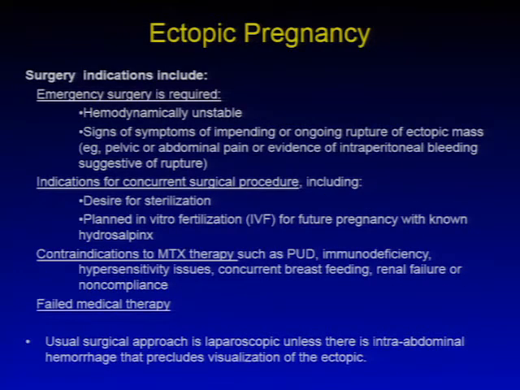Surgery indications include if the mother is hemodynamically unstable because of an ectopic rupture, if she has a desire for concurrent sterilization, or has a contraindication to methotrexate therapy such as peptic ulcer disease, immunodeficiency, or hypersensitivity issues, or she's failed methotrexate treatment.